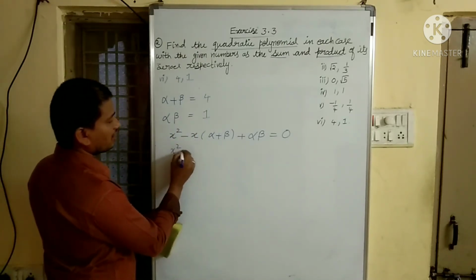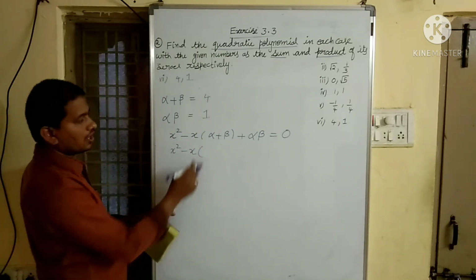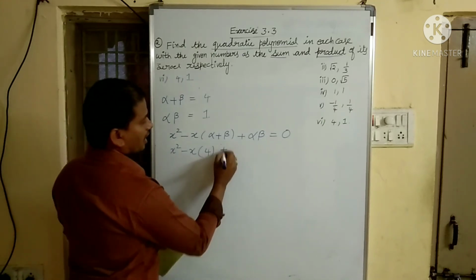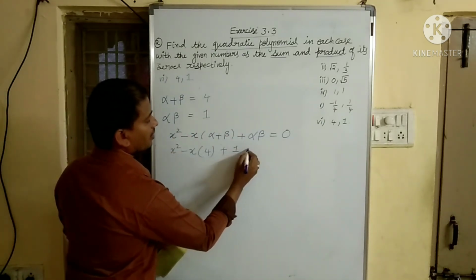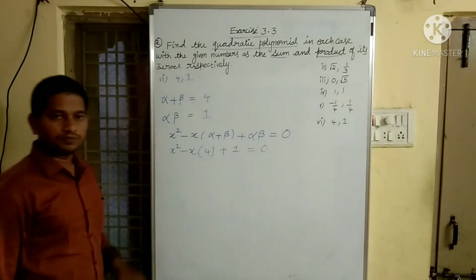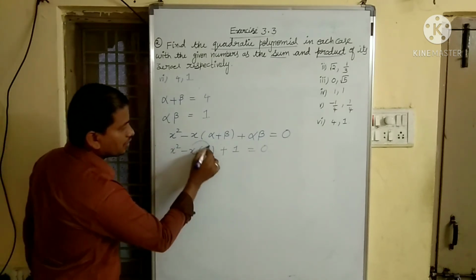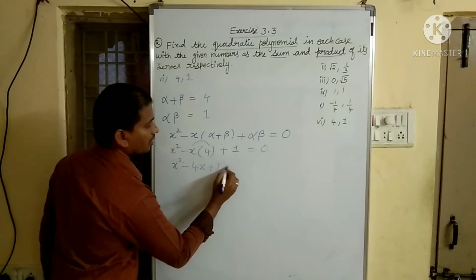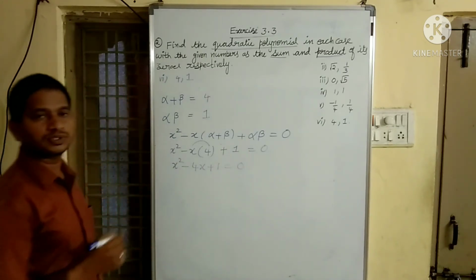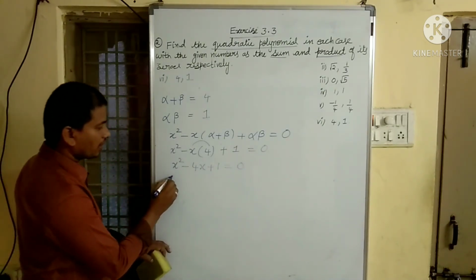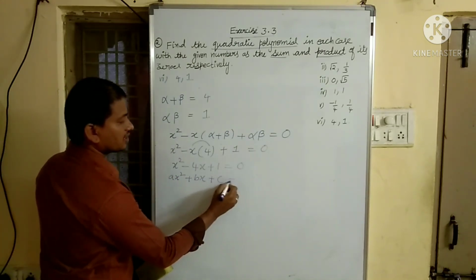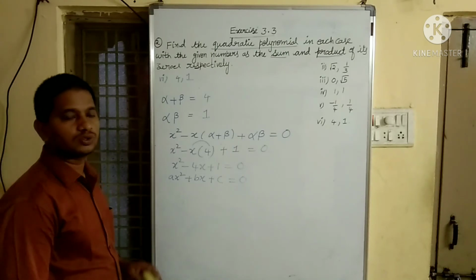So x square minus x into alpha plus beta value 4, plus alpha beta value 1, equal to 0. So x into 4, I mean 4x plus 1 equal to 0. See, now which is in the form of ax square plus bx plus c equal to 0.